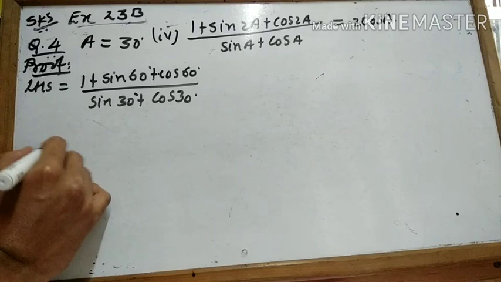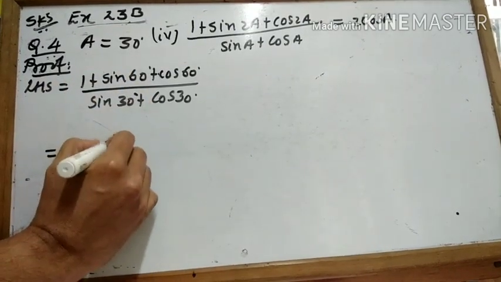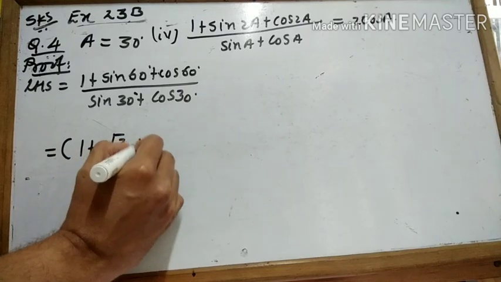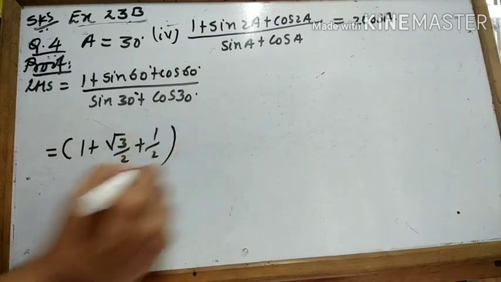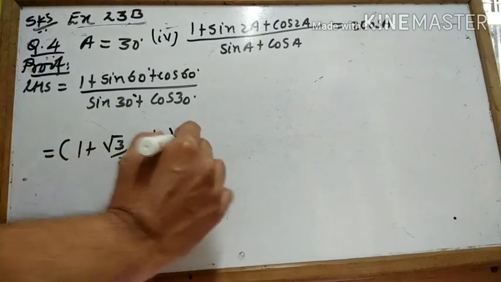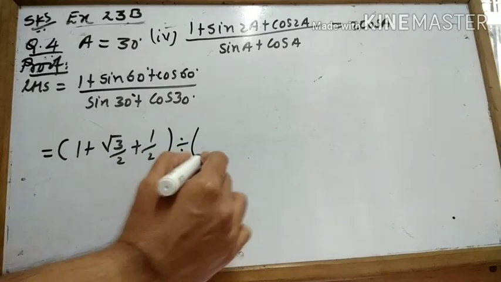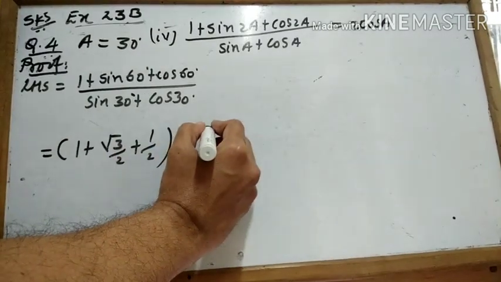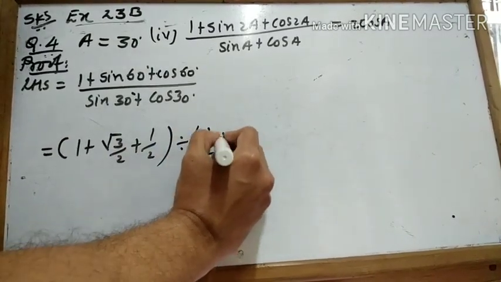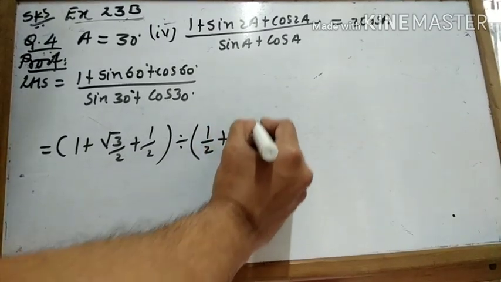Now 1 plus sine 60 value is root 3 over 2, cos 60 value is 1 over 2, divided by, instead of writing this upon, I am just writing divided by. Sine 30 is 1 upon 2 and cos 30 is root 3 over 2.